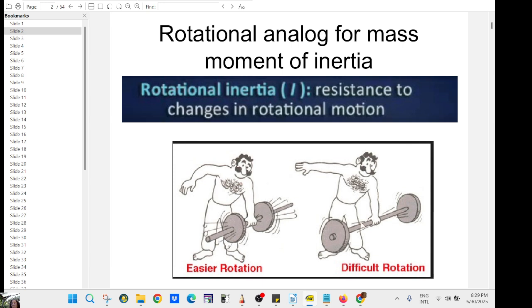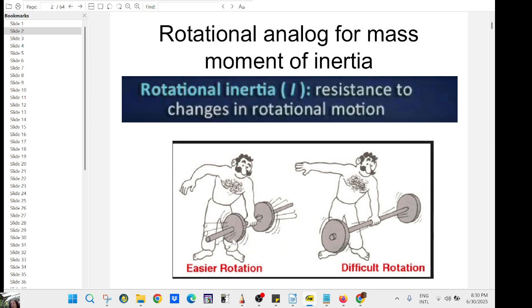So anyway, if you try to rotate this way, how easy it's going to be depends on the distribution of masses about the axis of rotation. So the closer the mass is to the axis of rotation, the less inertia, the less resistance to the twist that you are trying to apply. So you are applying a torque, okay?